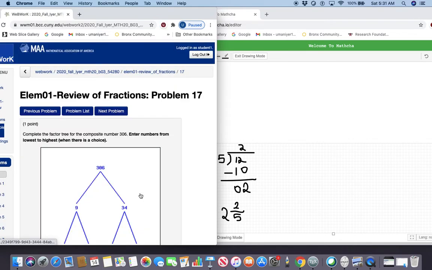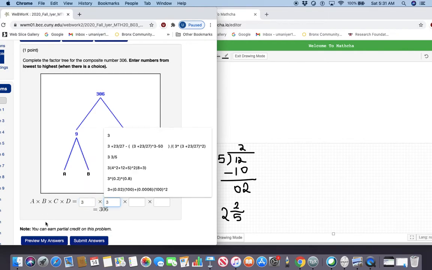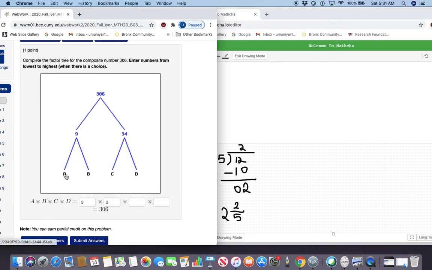Next. Okay, complete the factor tree for the composite number 306. 306 is 9 times 34. 9 is 3 times 3, so A is 3, B is 3. So far 9 is split into 3 times 3.